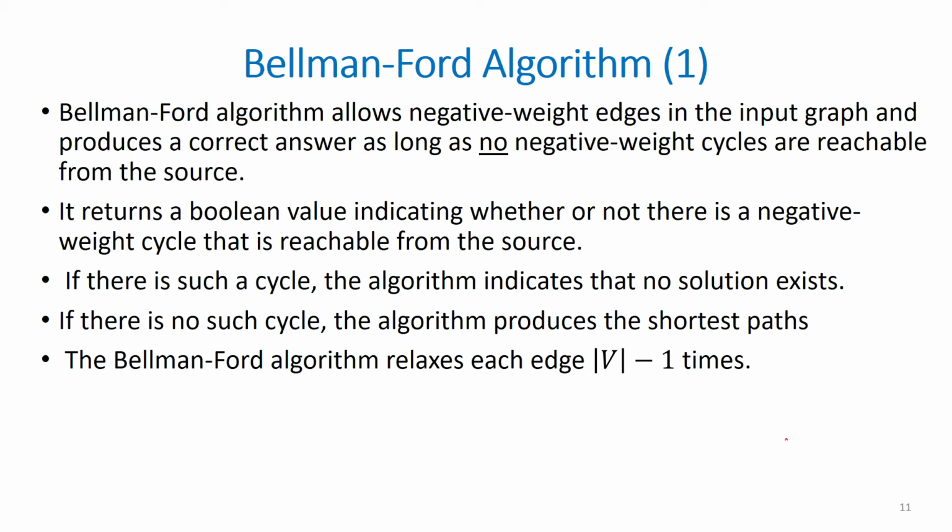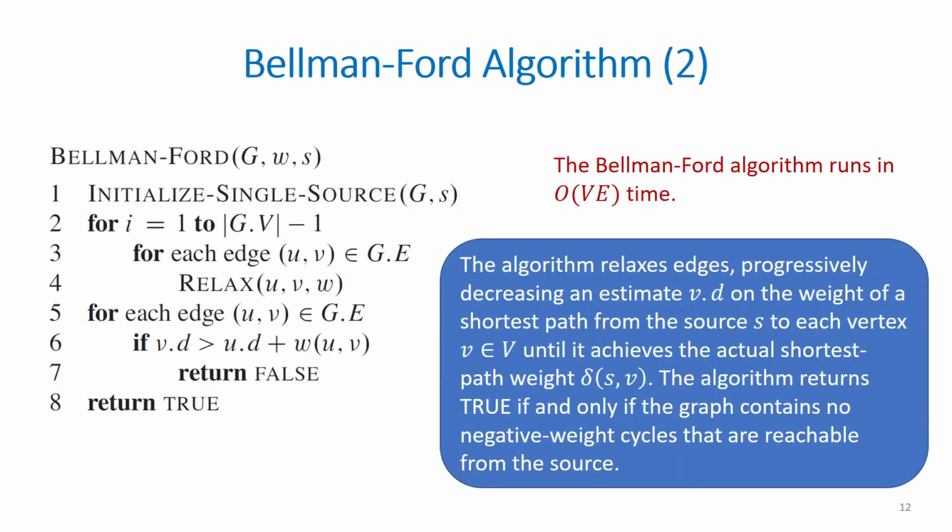Each edge in the Bellman-Ford algorithm is relaxed |V| minus 1 times, where |V| is the size of the vertex set. The pseudocode for Bellman-Ford algorithm is shown here. The inputs to this procedure are the graph G, the weight function w, and the source vertex s.